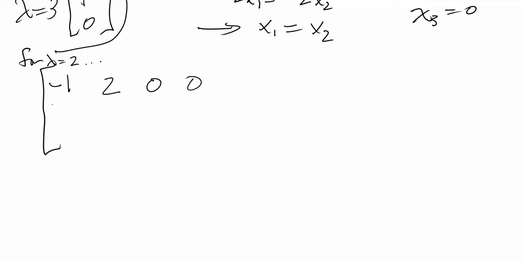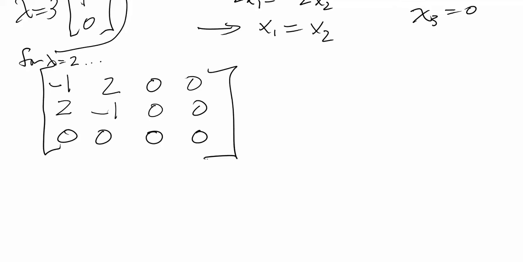In our next row, we have 2, 1 minus 2, or minus 1. And then we have for our last row 0, 0, and then 2 minus 2, or 0, as our system.